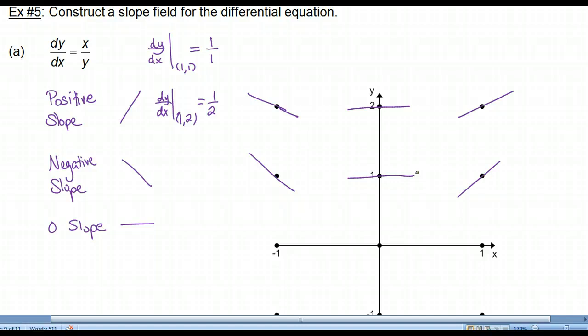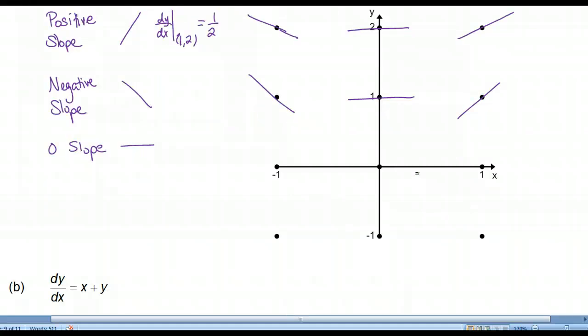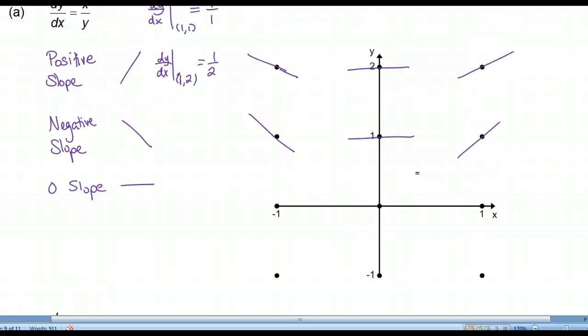All of the ones on the axis with a 0 in the denominator are undefined. If you want, you can put little vertical lines, but usually we just leave those blank. I wouldn't mark you down if you put a vertical line. And then here, what happens if you have negative 1 over negative 1? Positive 1. So this should look the same as the one at (1, 1).